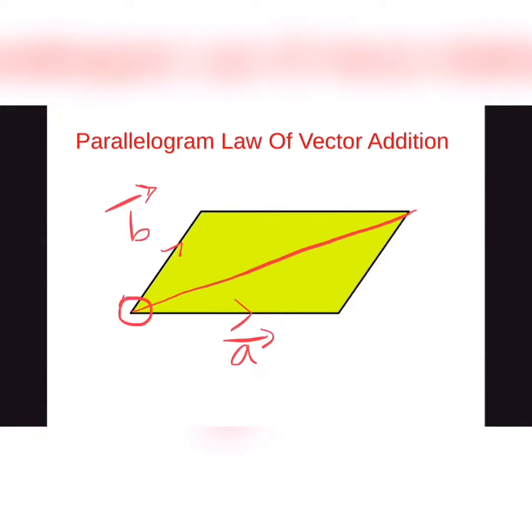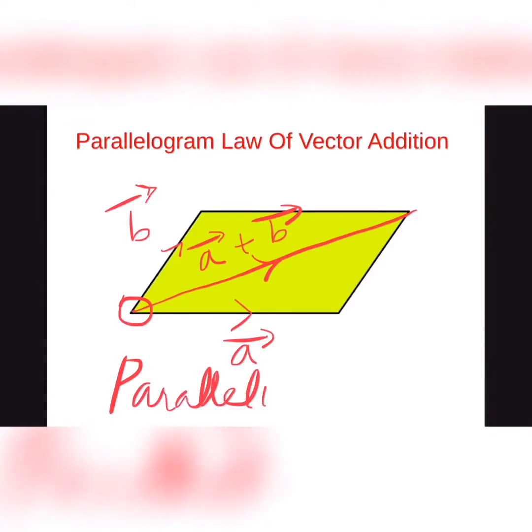This is their common point, and this diagonal represents their sum vector A plus vector B in magnitude and direction. This is known as the parallelogram law of vector addition.